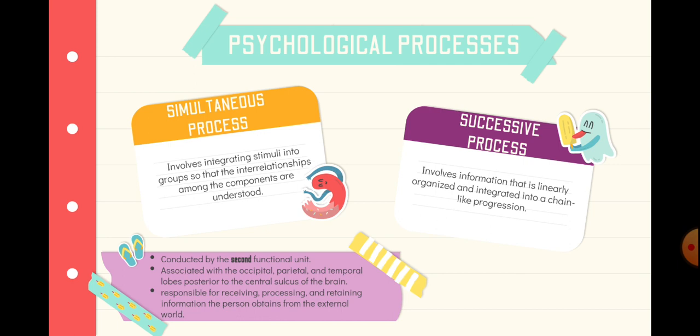And then we can also use the successive process. So it involves information that is linearly organized and integrated into a chain-like progression. So this is, for example, like a math equation. In order to solve a math problem, we usually do it step by step using different math equations, and it is done in a chain-like progression.